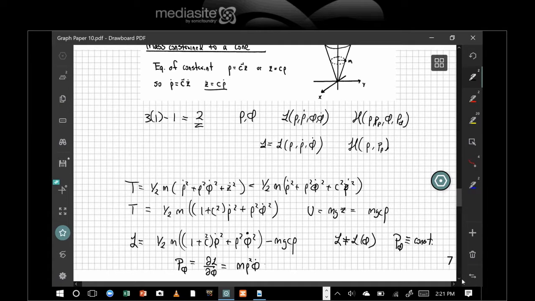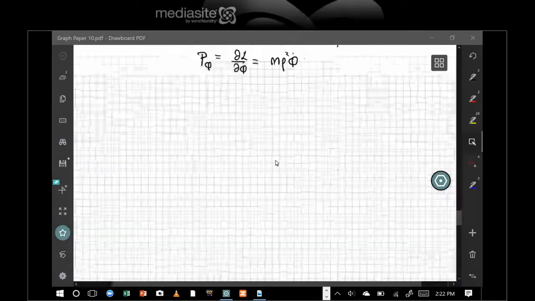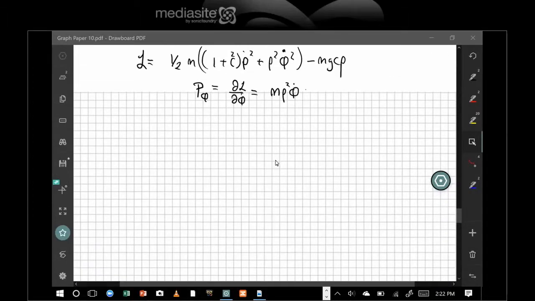So now we got all that stuff. Now let's calculate the Hamiltonian. Now I have my Lagrangian and I have my generalized momentum. Oh, by the way, I forgot another thing. So that's p sub phi, that's a constant. The thing I forgot to do was calculate the momentum associated with rho.